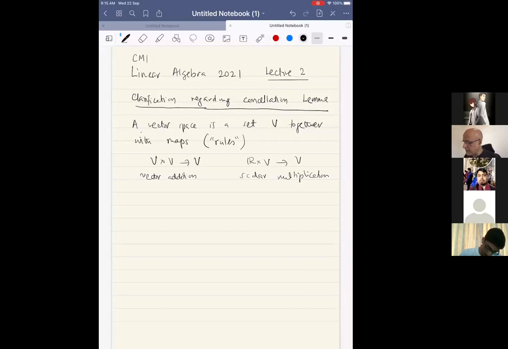Okay, so that reminds me that I am going to only talk about real vector spaces till further notice. And the elements of the set will be called vectors.